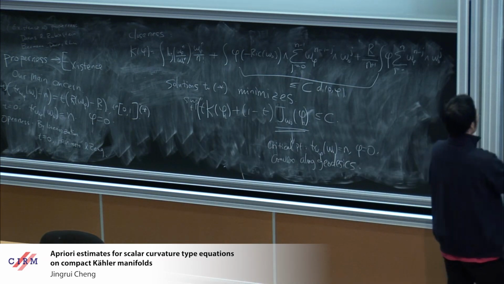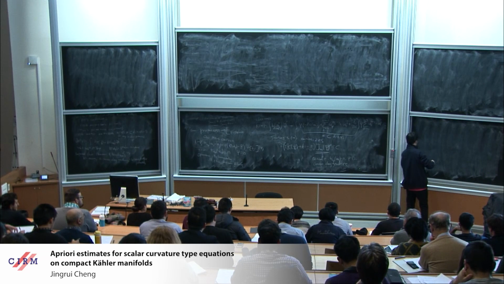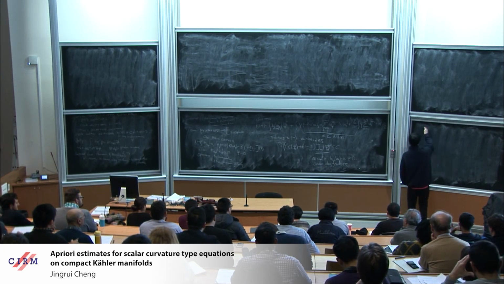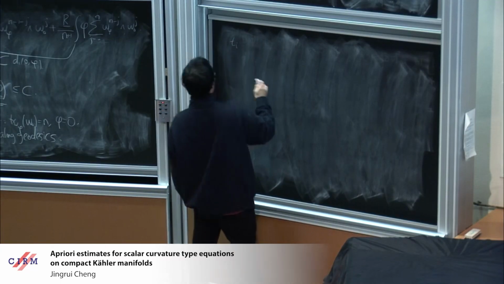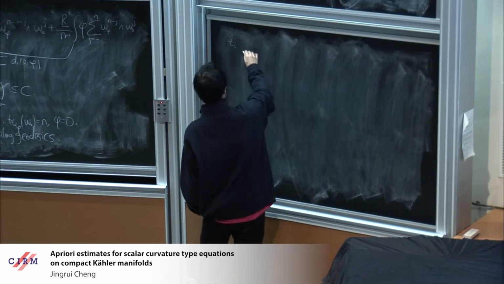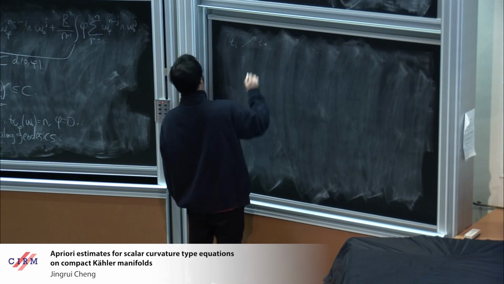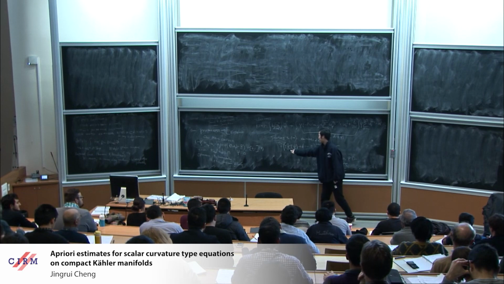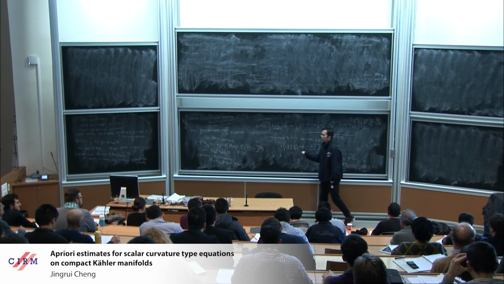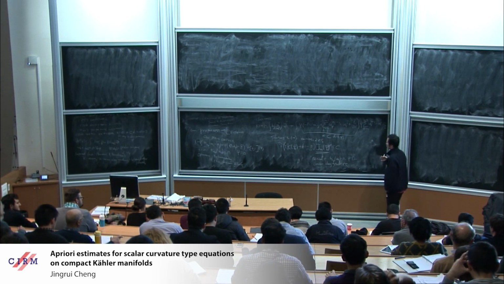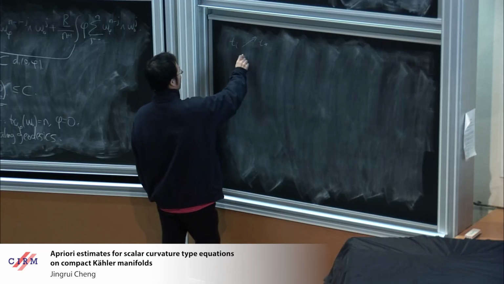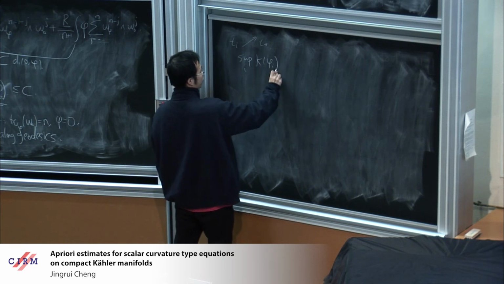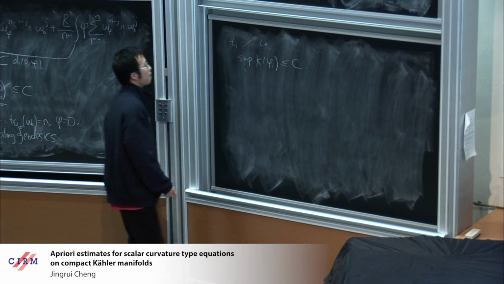So our observation is that, remember we want to do the closeness part, say you have t_i, a sequence of parameters increasing to t star. Then since the J part is bounded from above, the K energy part will have a uniform upper bound: the sup over i of the K energy is bounded from above.